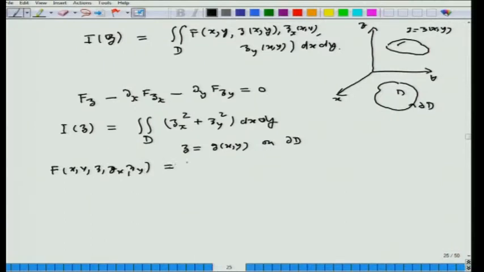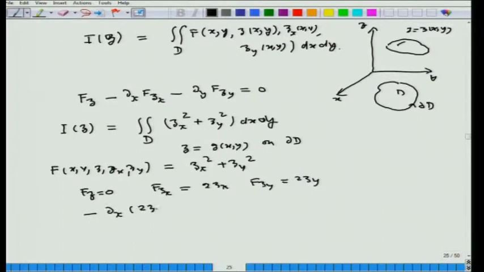In this case it is z x square plus z y square, and so f z is 0, f z x is 2 z x, f z y is 2 z y, and so we get minus del x of 2 z x minus del y of 2 z y equal to 0.